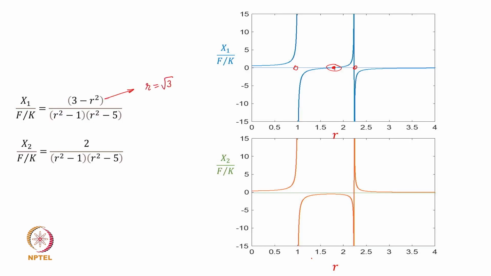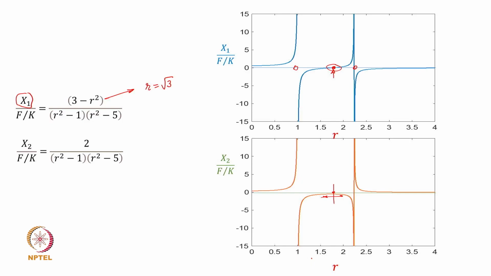That is precisely the location where the amplitude of the parent mass x1 will be equal to 0, and at that speed the second mass will also have quite small amplitude. So, over a range of these frequencies the amplitude is going to be quite small.